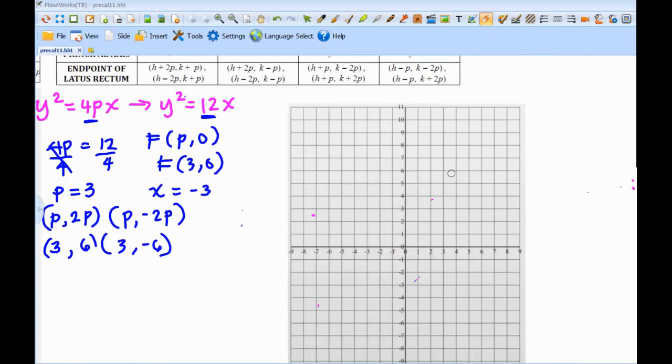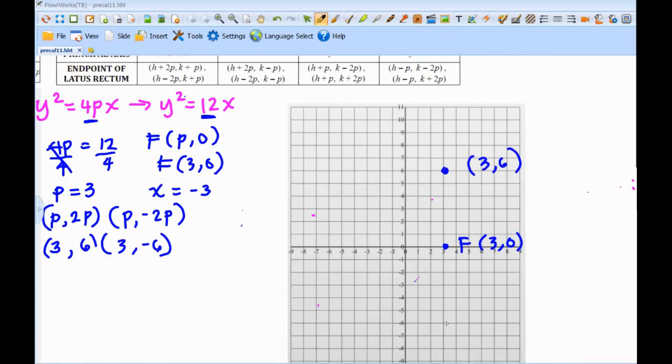And then let's continue. So 3, 0, 1, 2, 3. So this is the focus at 3, 0. Next we have 3, 6. This is the lattice rectum endpoint.